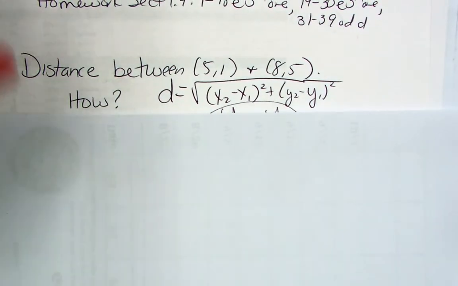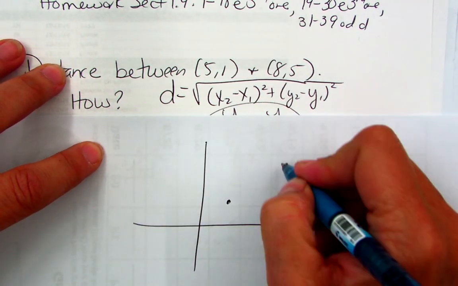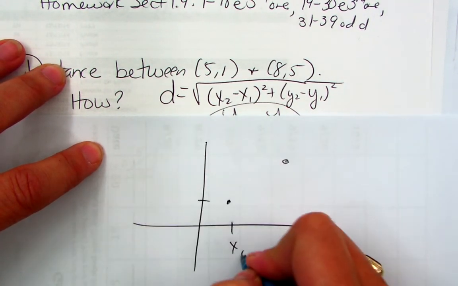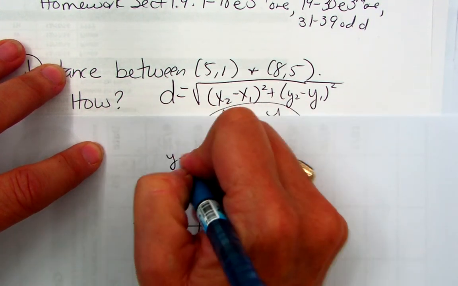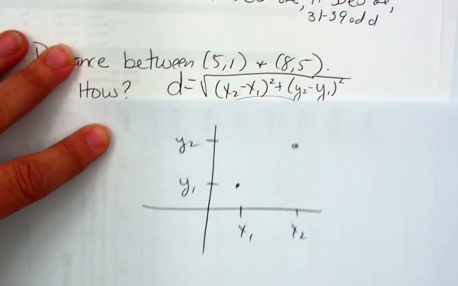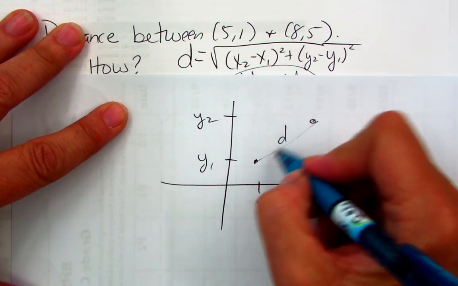Wait, just a minute. What's wrong with that? Let me see if I can figure that out. Okay, so I'm supposed to figure out the distance, right? So that's D, the distance.